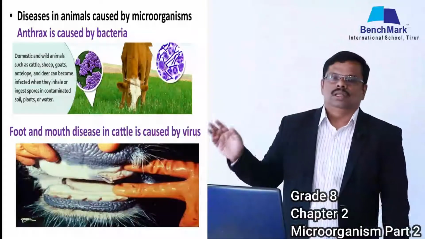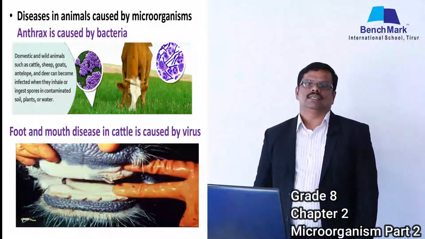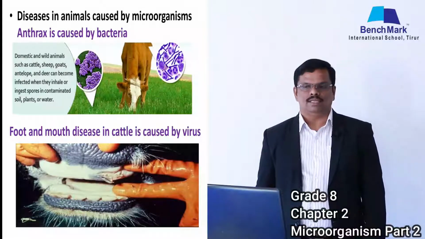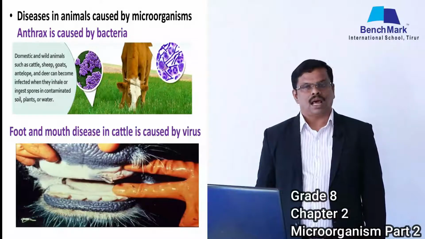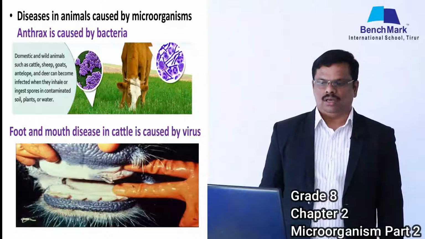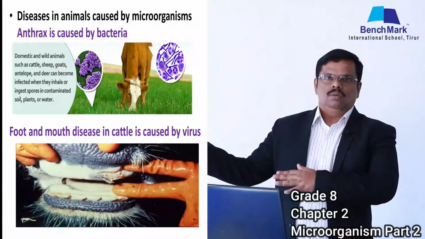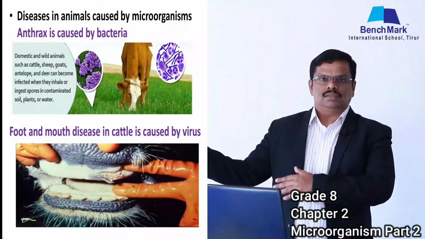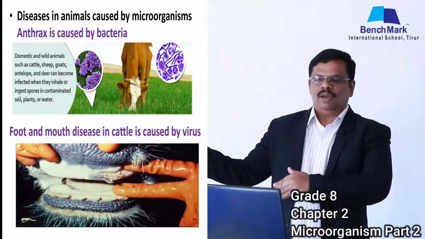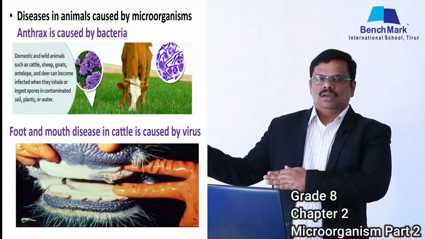Now, the next one, disease in animals caused by microorganisms. Anthrax. It is caused by bacteria. Again, please do look at this slide. It is very clearly mentioned. You can see this.